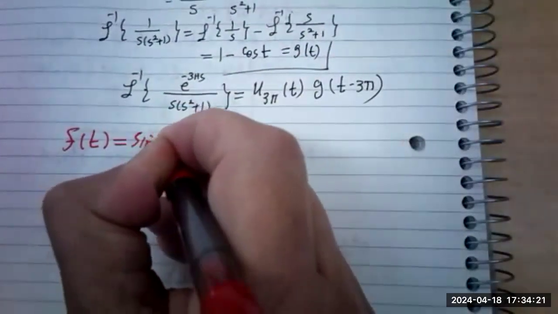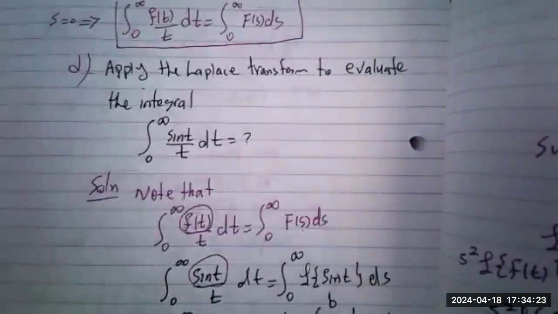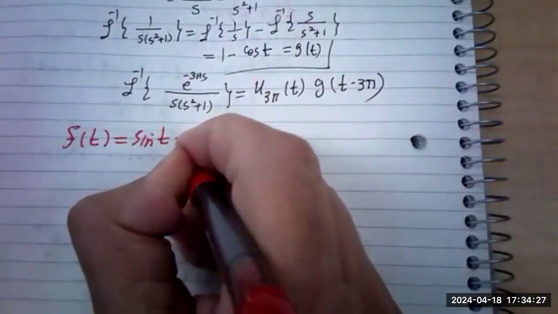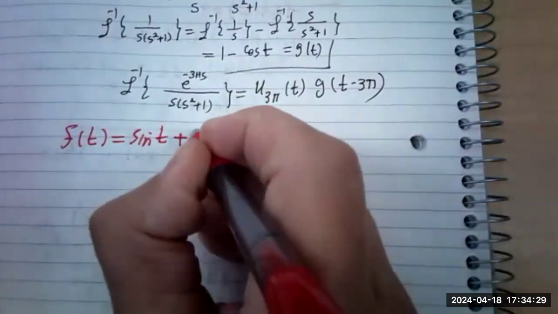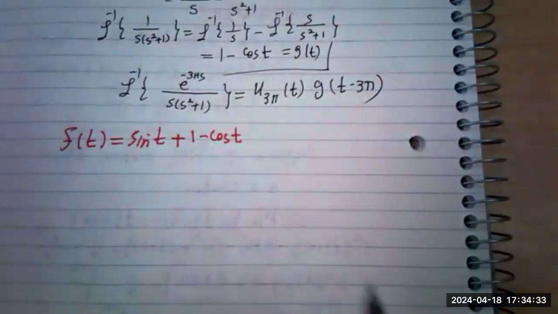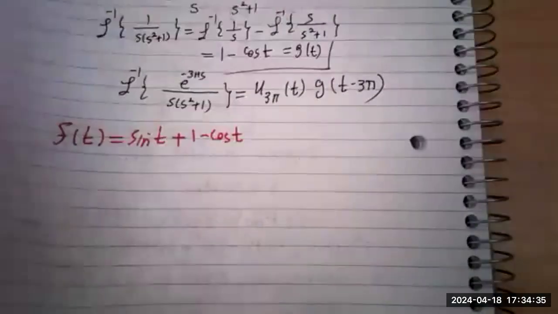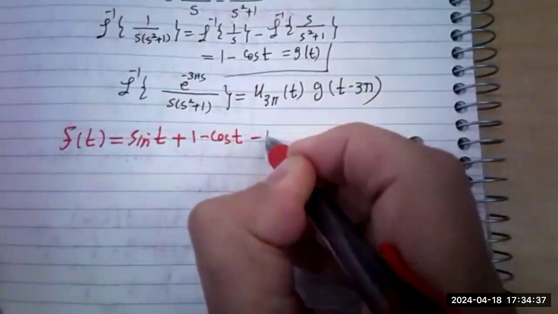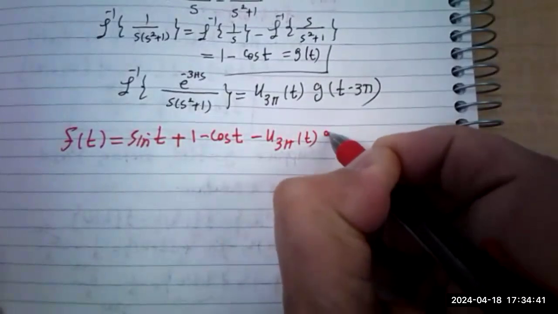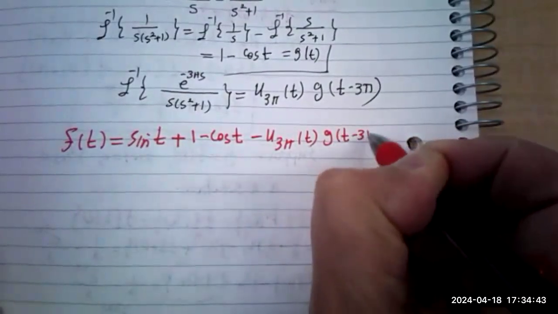Sine t, that was the first one. The second one was plus 1 minus cosine t. Okay, and then it's minus u 3 pi of t, if you like, g of t minus 3 pi.